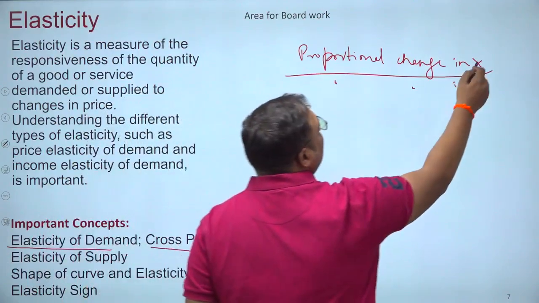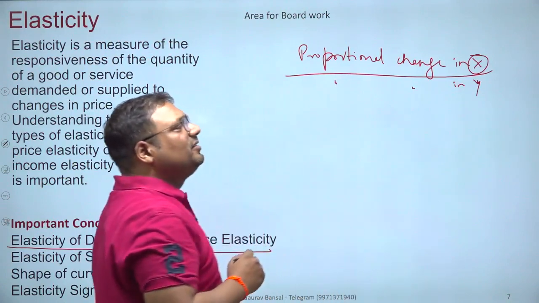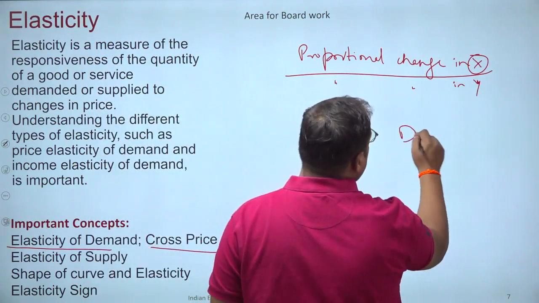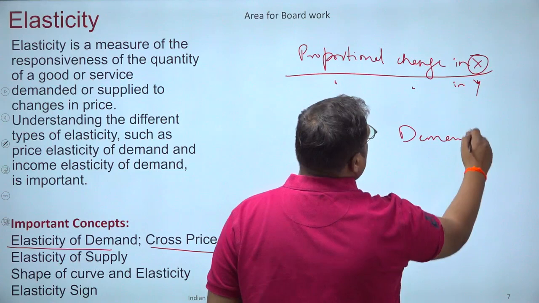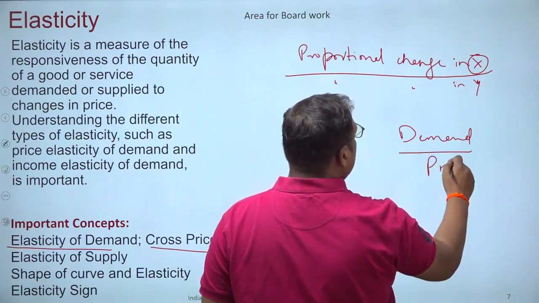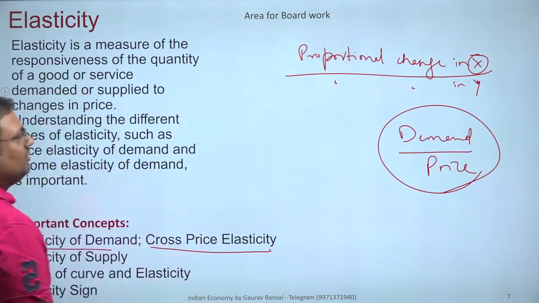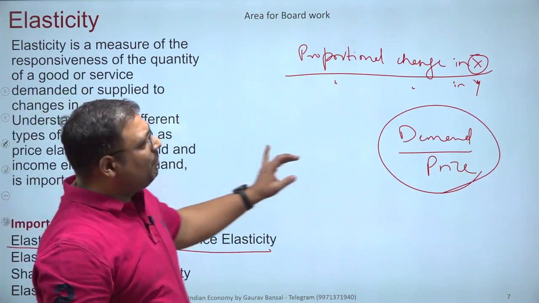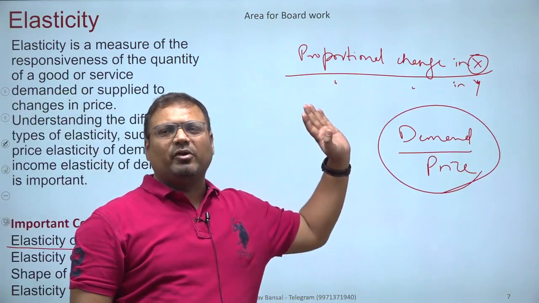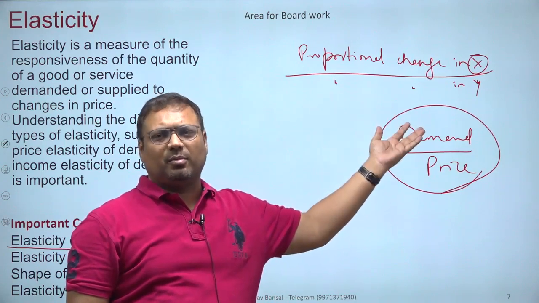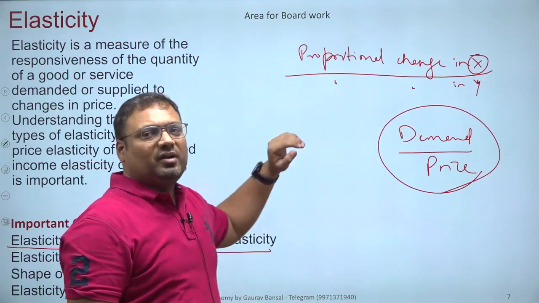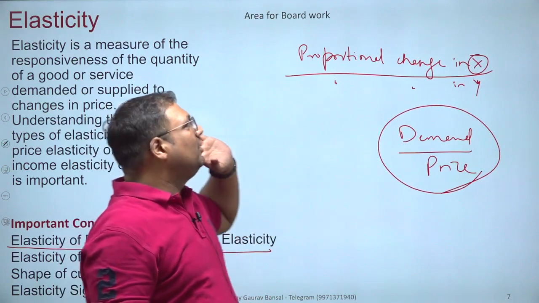So let us say X is demand and Y is price. If X and Y are demand and price, we are talking about elasticity of demand, price elasticity of demand. We do not have to say price elasticity of demand because it is assumed. But if it is income, we have to specifically mention it.